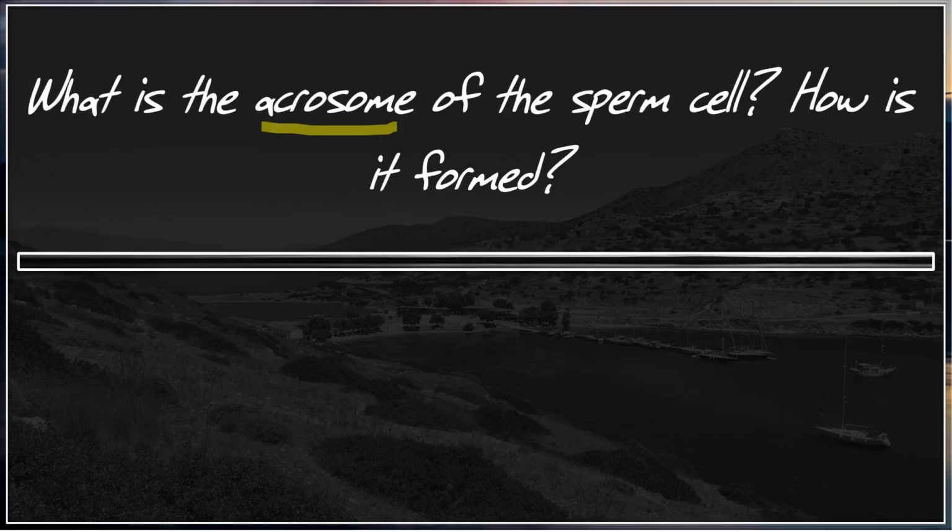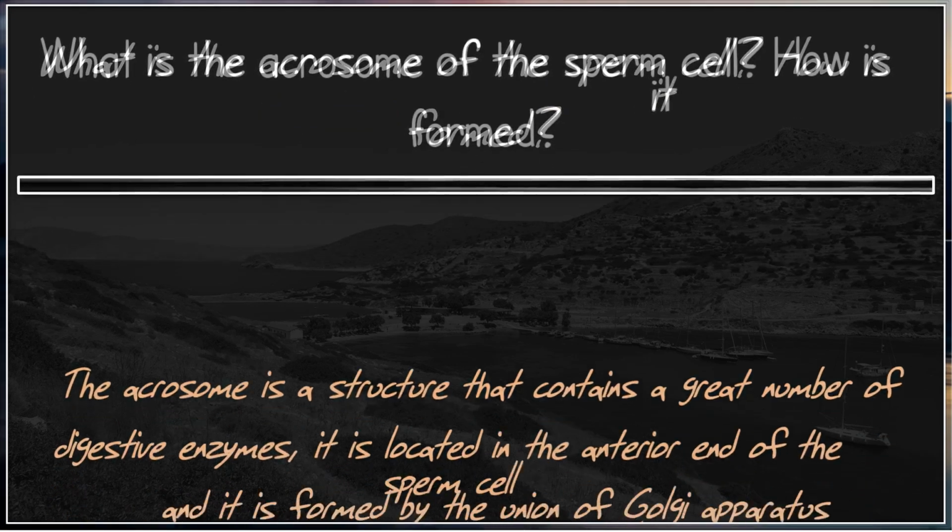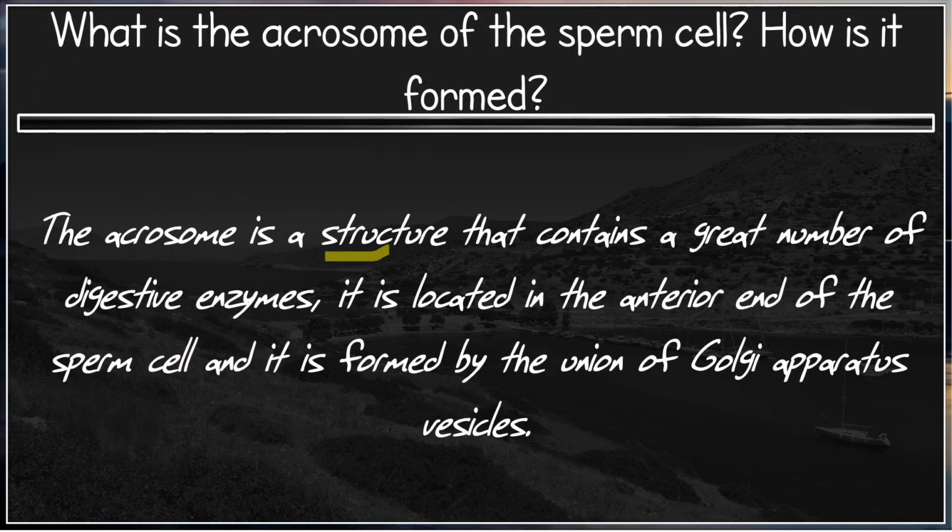What is the acrosome of the sperm cell? How is it formed? The acrosome is a structure that contains a great number of digestive enzymes.